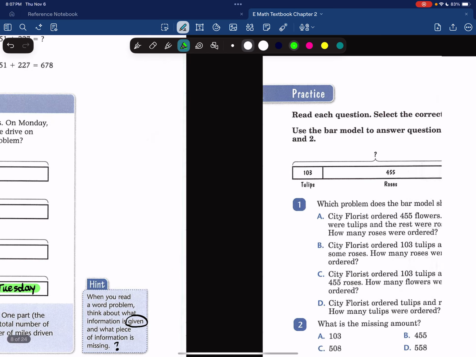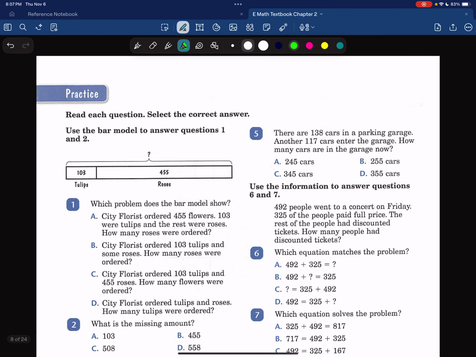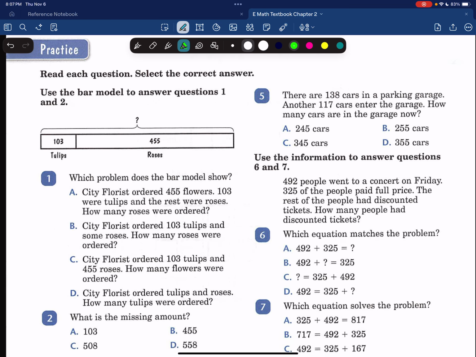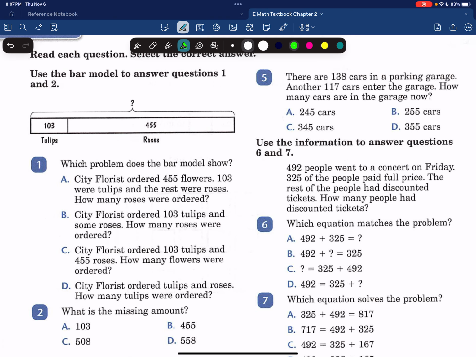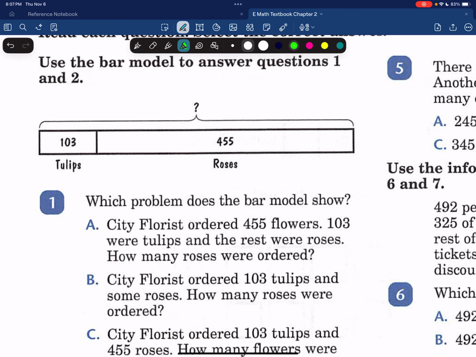All right, let's go to page 25 and see what we have here. It says to use the bar model to answer questions 1 and 2. So let's study this model closely. We have two known numbers. We know a number of tulips, and we know a number of roses.